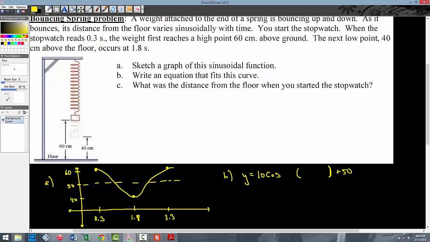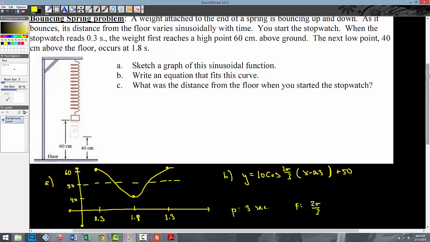Well, the period is 3 seconds. Because they don't give me any kind of degrees, I can assume that I will be measuring my frequency by radians. So my period is 3 seconds, which means my frequency is going to be 2 pi over 3. So 2 pi over 3 goes here, and now I just have an x minus 0.3. And there you go. That's full credit for part B.